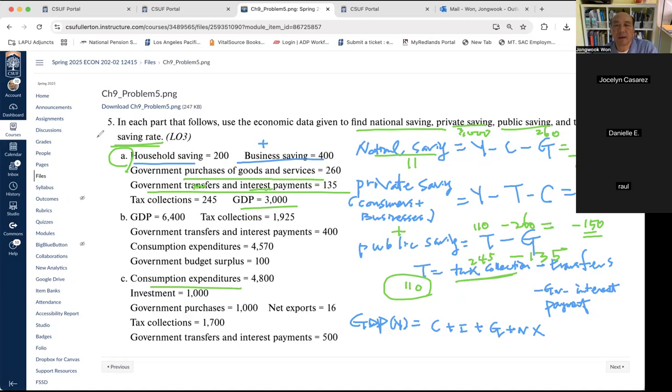Okay, C. Do we have GDP information here? No, right? But by looking at the information, can you compute GDP?